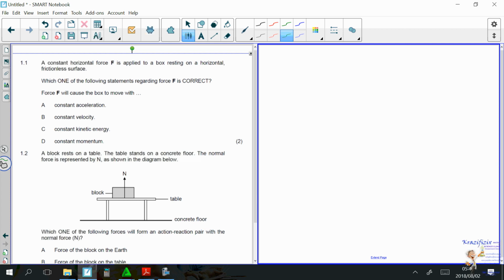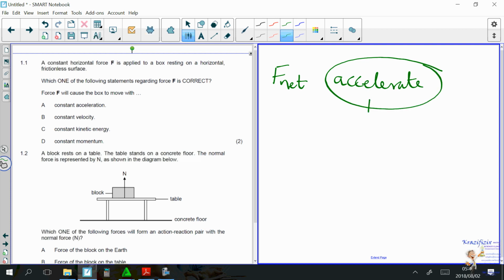If you remember your Newton's second law, what does it state? It states that when a net force acts on an object, the net force will cause the object to accelerate.